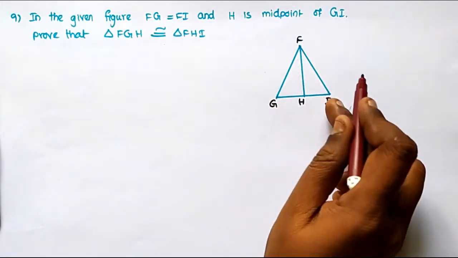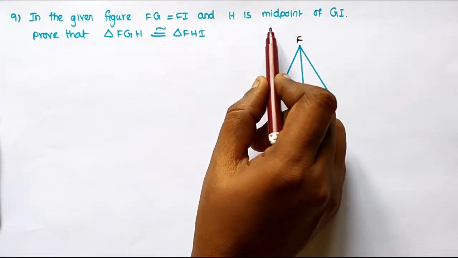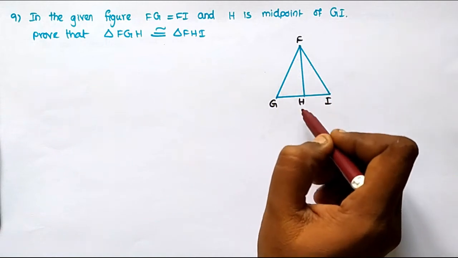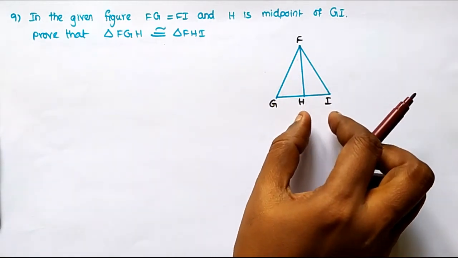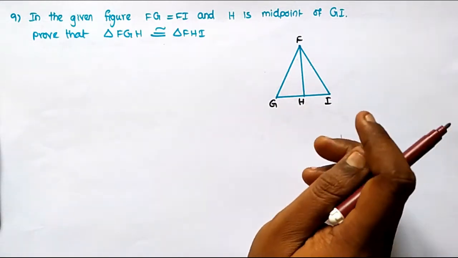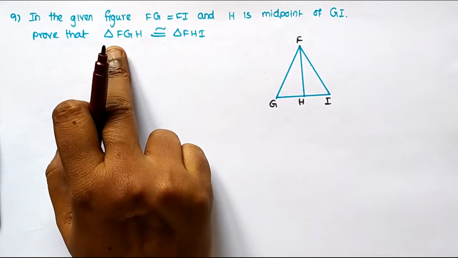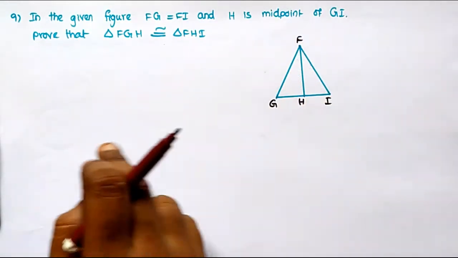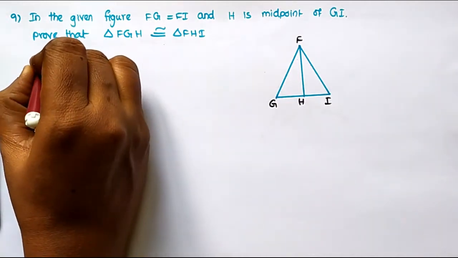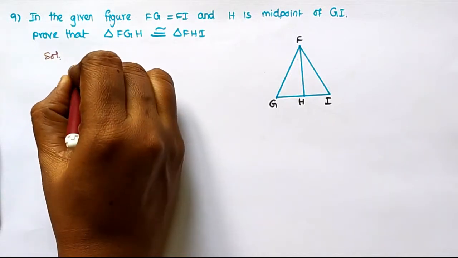Ninth sum, in the given figure FG equal to FI. So it is an isosceles triangle, right? And H is the midpoint of GI. Therefore GH equal to HI. So prove that triangle FGH is congruent to triangle FHI. How will you prove that? Listen.